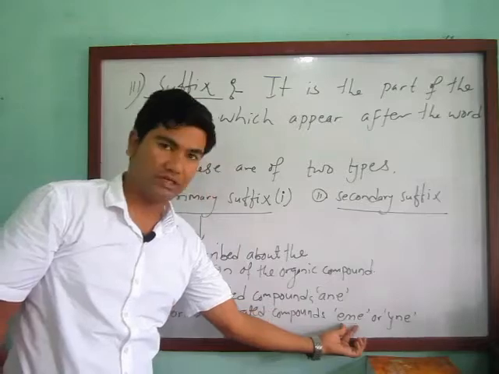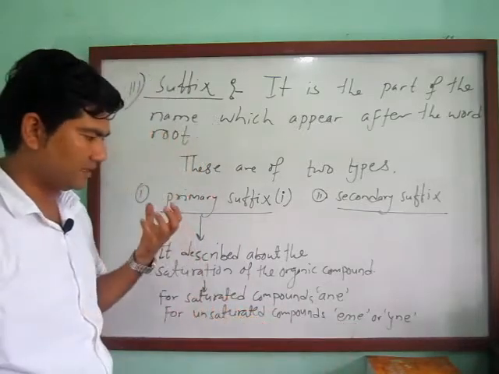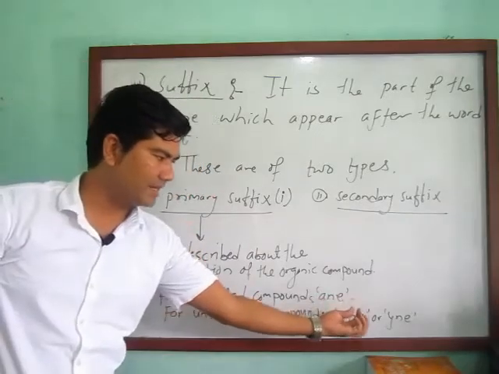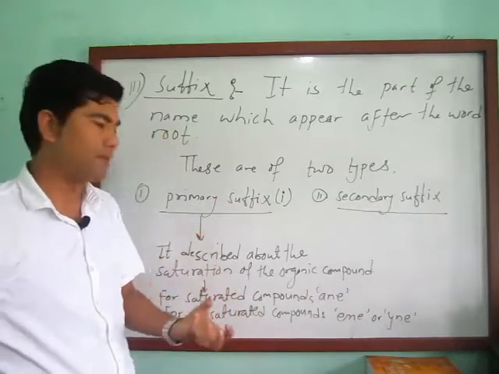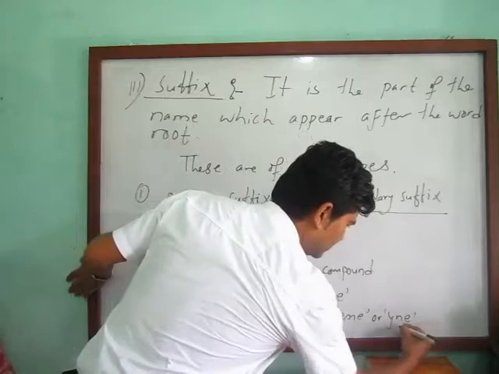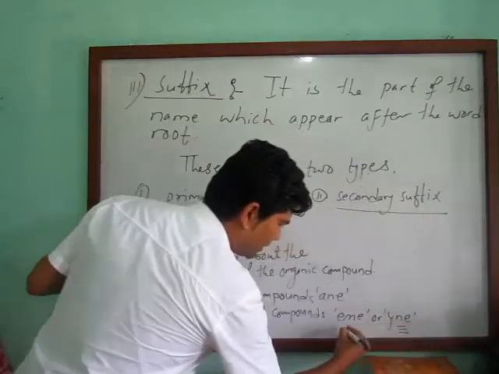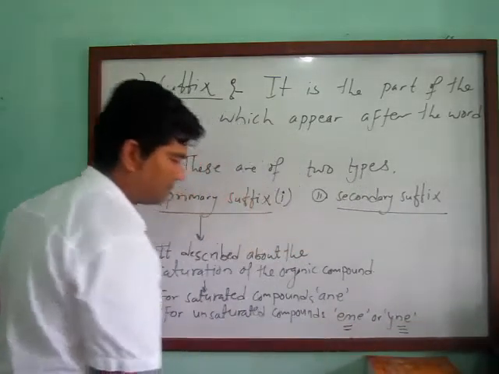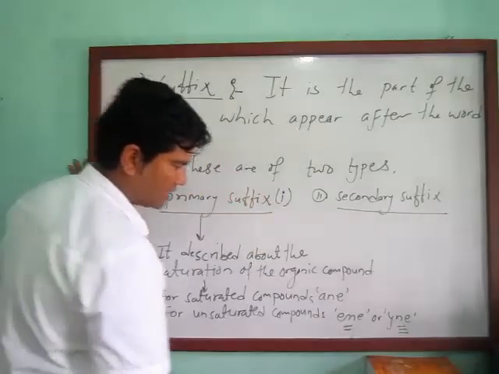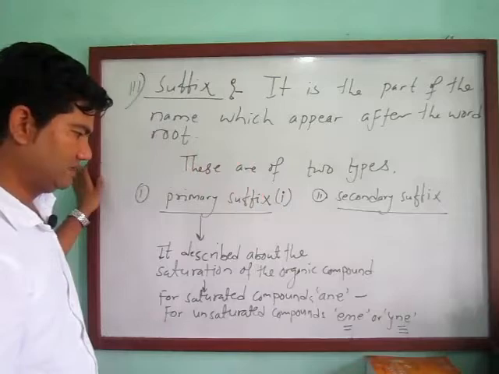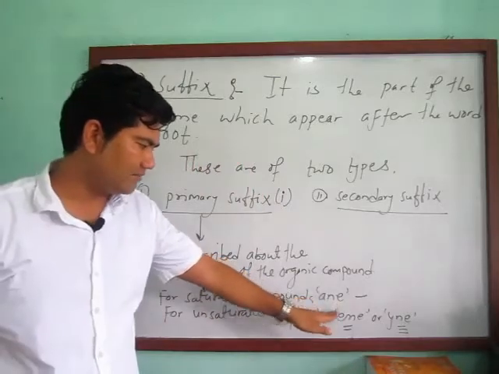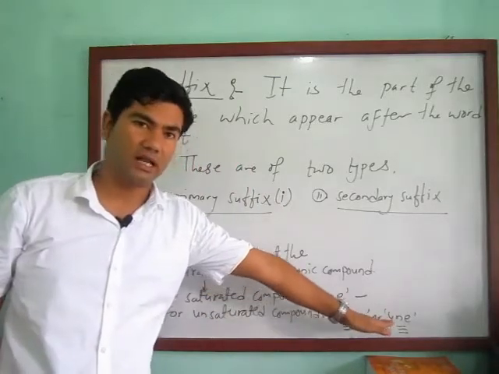So ENE is used for double bonded, and YNE is used for the triple bonded compounds. This one is for the triple bond, and this one is for the double bonded organic compounds, and this one for the single one. So for the alkane, for the alkene, and for the alkyne.